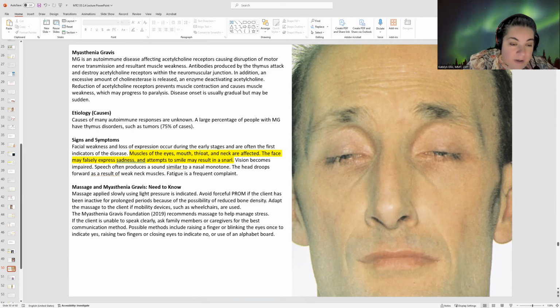Vision becomes impaired, speech slurs to a nasal monotone, the head droops forward because of weak neck muscles, and fatigue is often a frequent complaint. Use light pressure when massaging these clients, and of course, avoid forceful passive range of motion if they've been inactive.